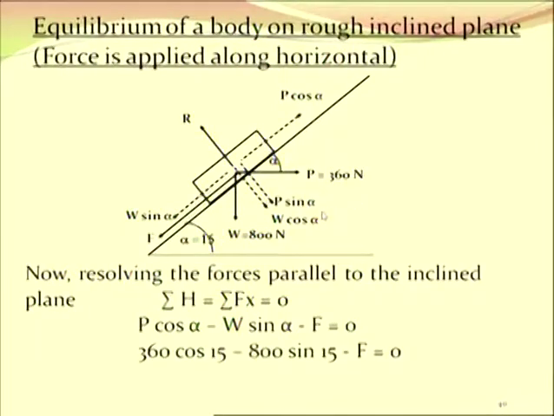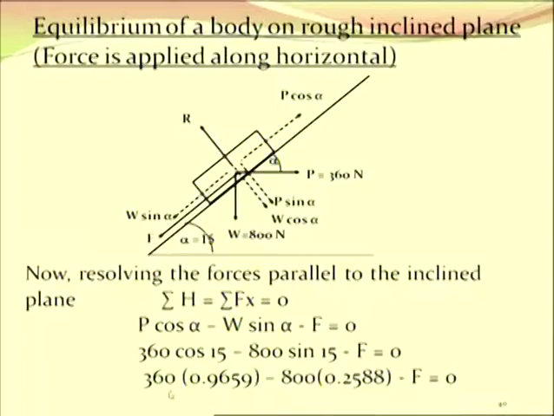Putting values of P as 360, alpha as 15 and W as 800, 360 cos 15 minus 800 sin 15 minus F equals to 0.